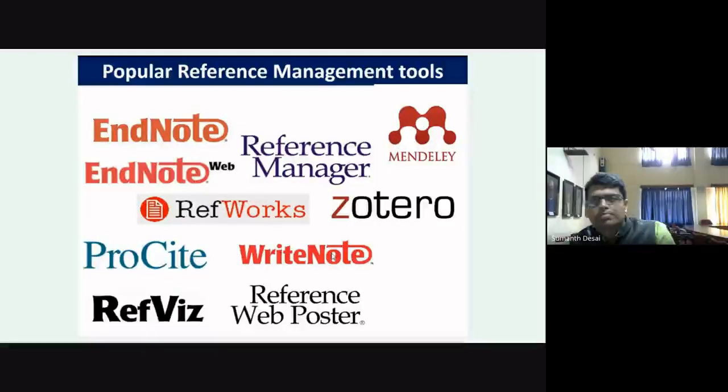Why? Because it gives a very seamless integration in terms of integrating the data itself. Mendeley is owned by Elsevier, and you all know that Scopus and Elsevier are all the same.